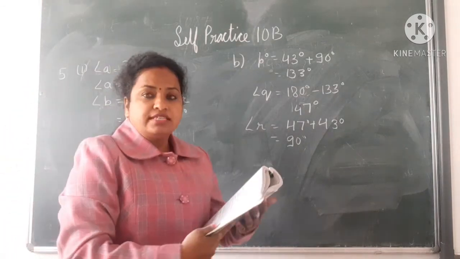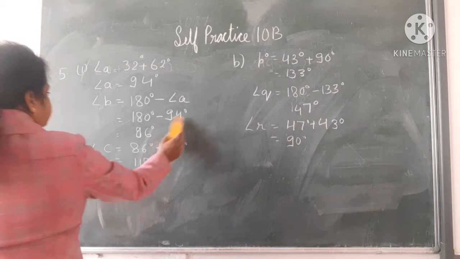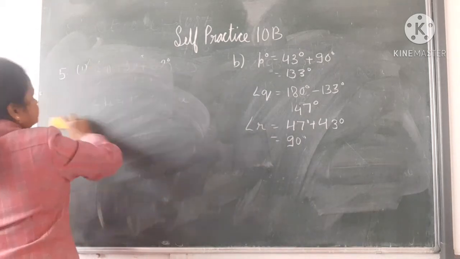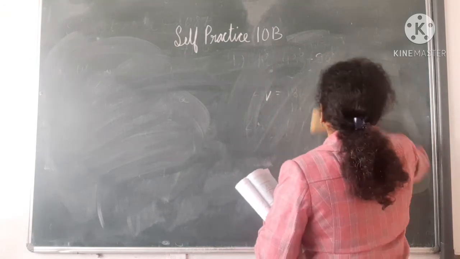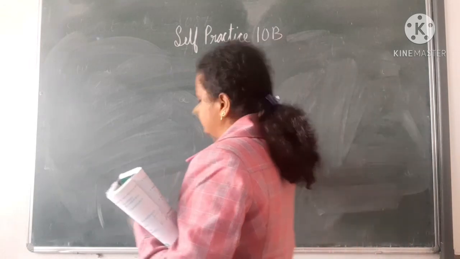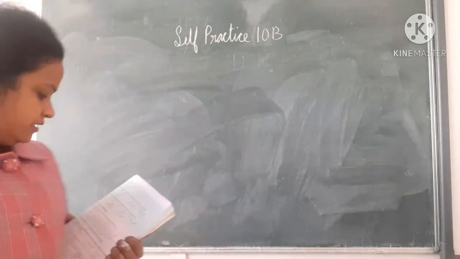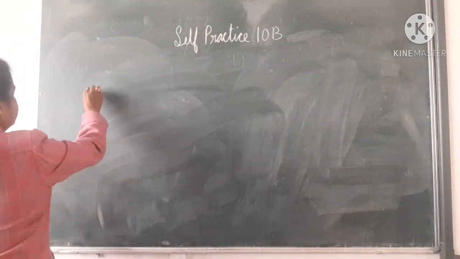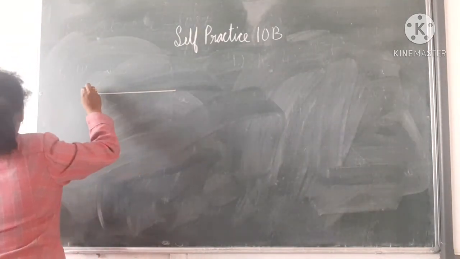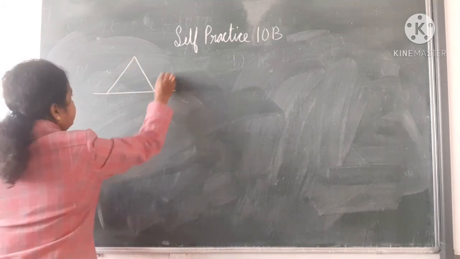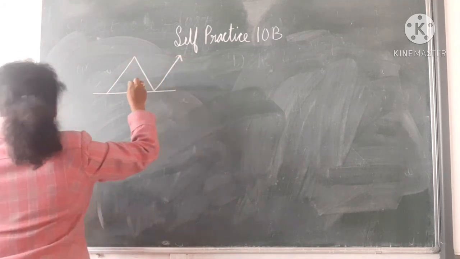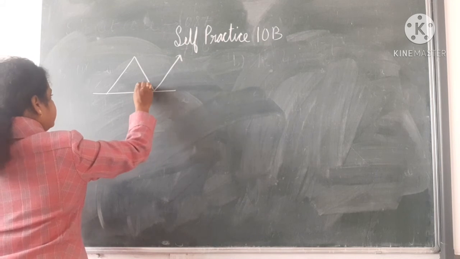Okay, now see the C part. Now in C1 you see this side is drawn and this side. This is your 65 degree.